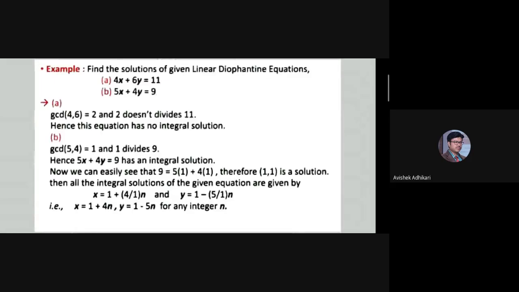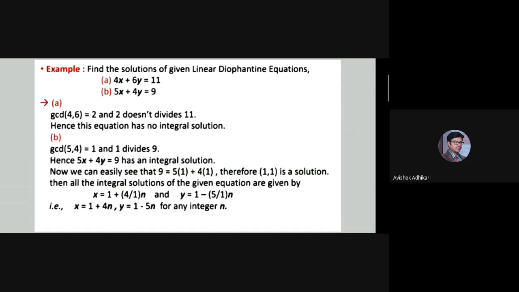So now let's come to examples. Here you can see there are two examples. The first one is 4x plus 6y equals 11, and the second is 5x plus 4y equals 9. In the first one we first need to check whether the GCD of 4 and 6 divides 11 or not.